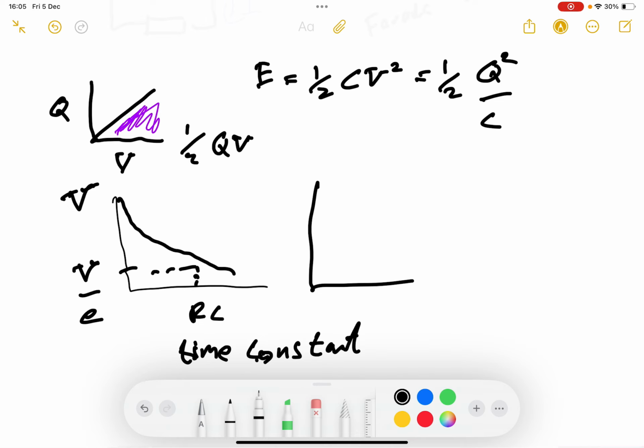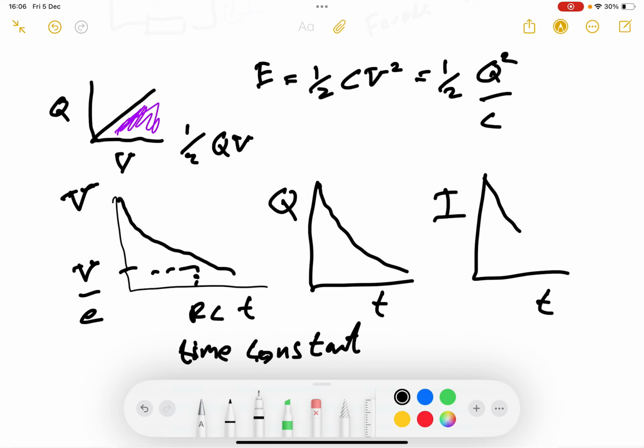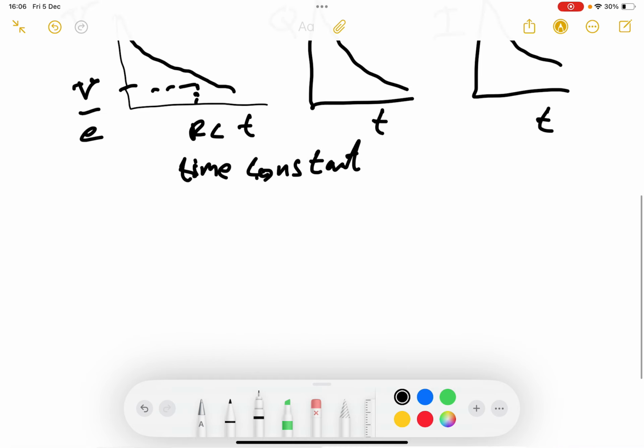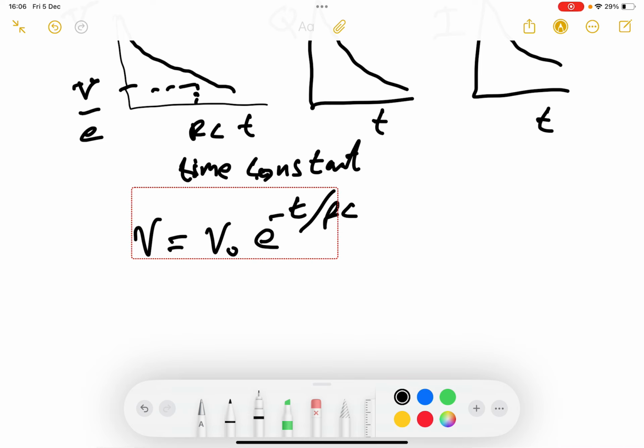And similarly, Q for a discharging capacitor, Q against t and I against t all form the same curve. That's all dominated by this equation, V equals V naught e to the minus t over RC, which is just a more complicated way of saying the whole thing.